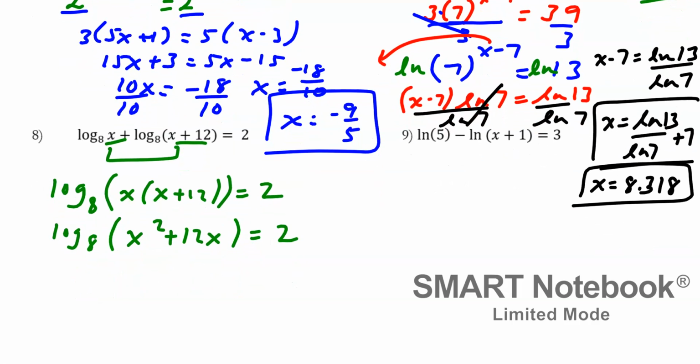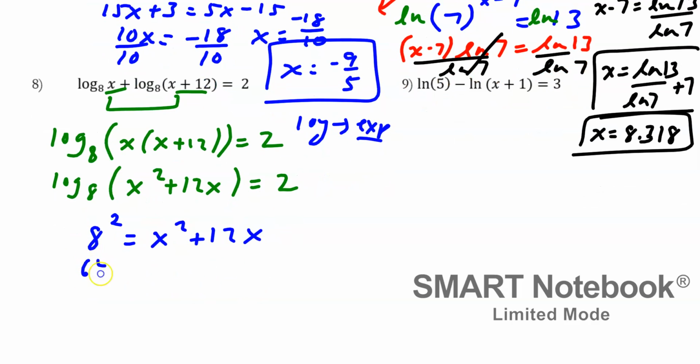So now, we don't have log equaling a log, so we can't set this equal to 2. But what we can do is change this equation from a log equation to the inverse of an exponential equation. The base of this exponent is going to be 8, and the exponent is going to be 2, and that's going to equal x squared plus 12x, which is the argument.